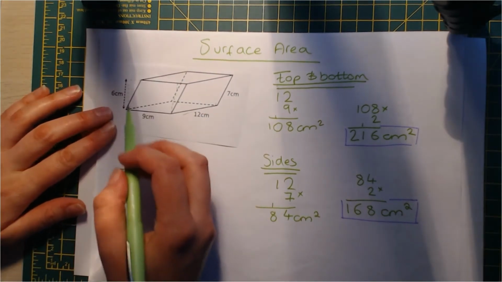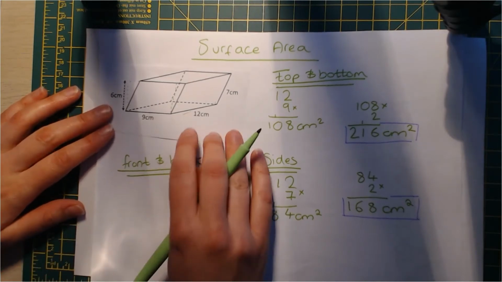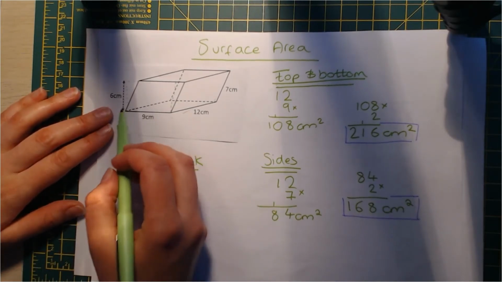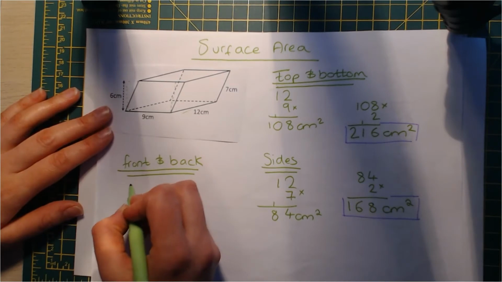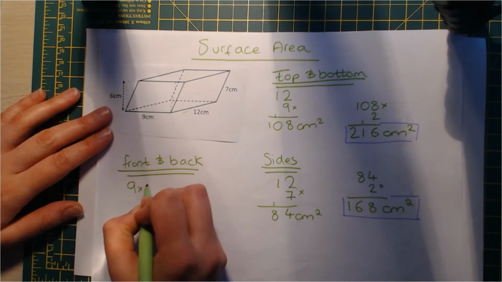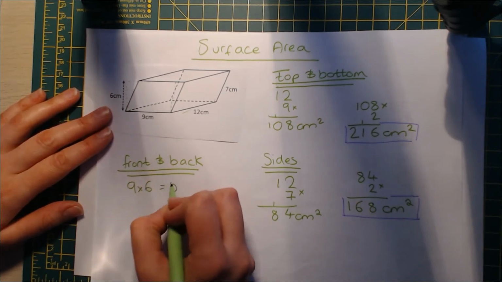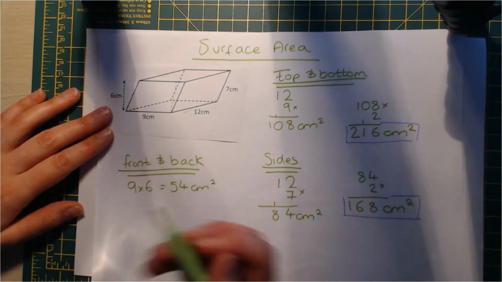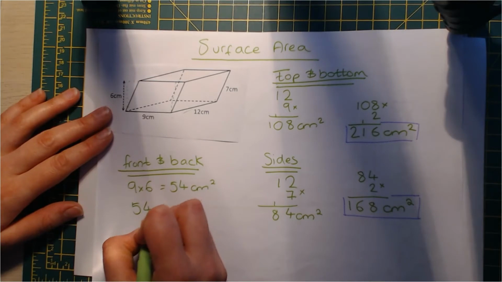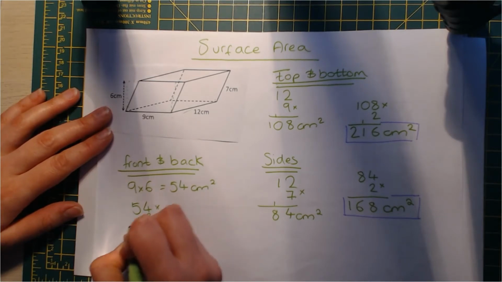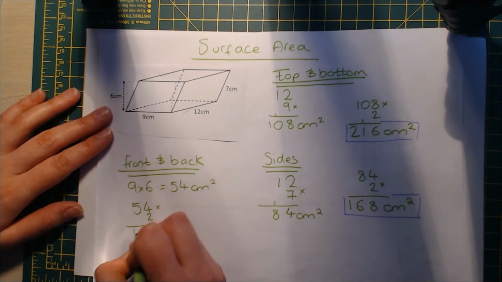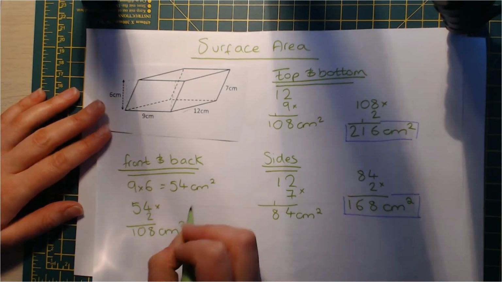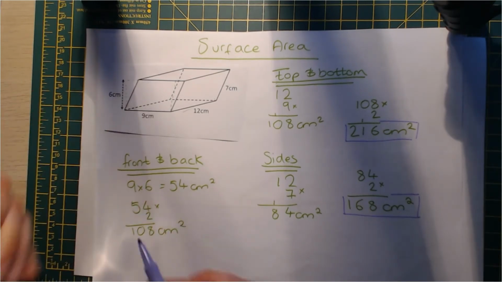Okay, so that's why it's the same as you would need to do to find a rectangle. So we've got 9 multiplied by 6, which is our perpendicular height there. Okay, which is 54. And that's just the front or the back, and then we're going to multiply it by 2 to get both. Okay, 108 centimetres squared. Okay, so that's all of them separately.